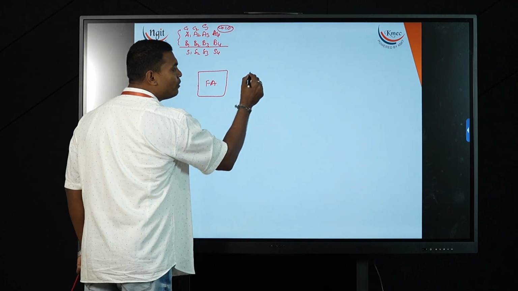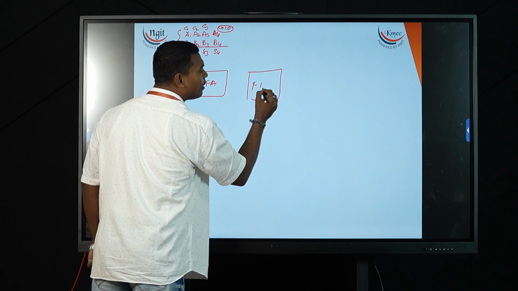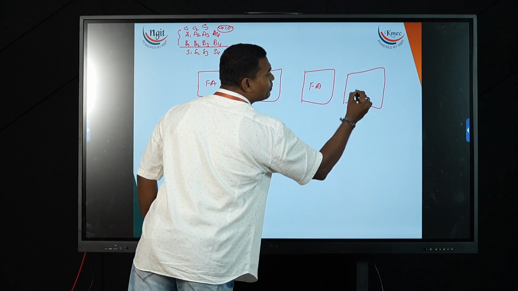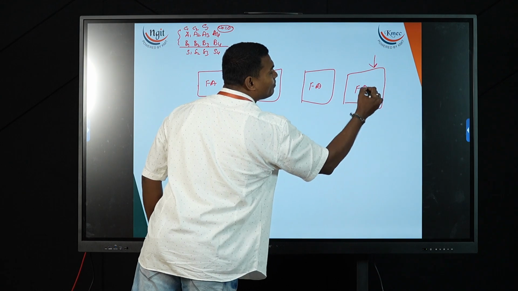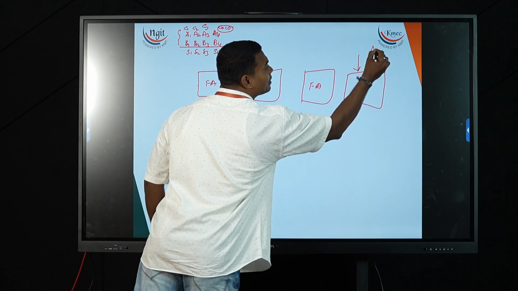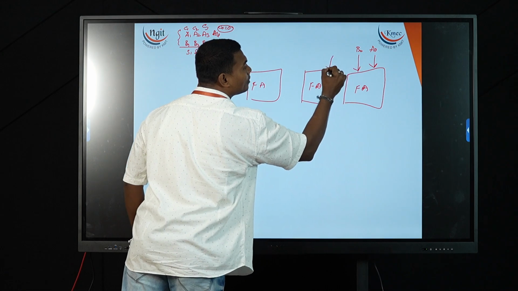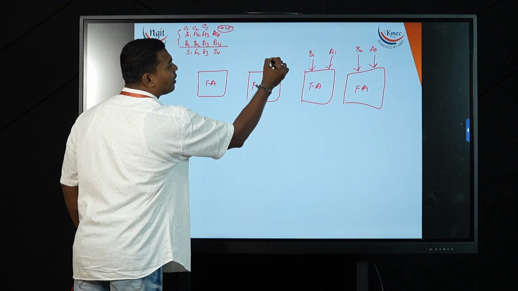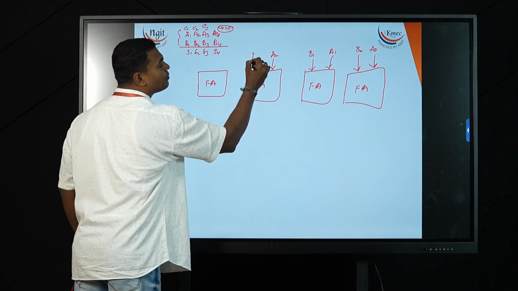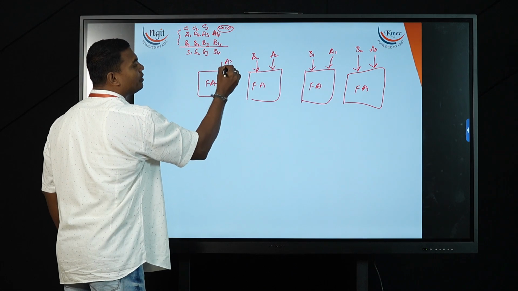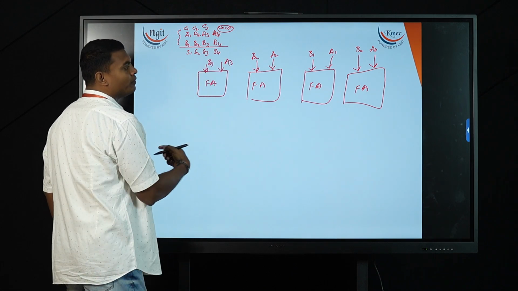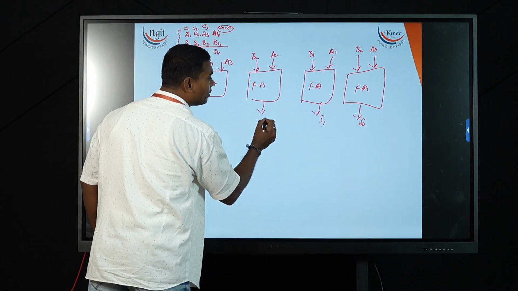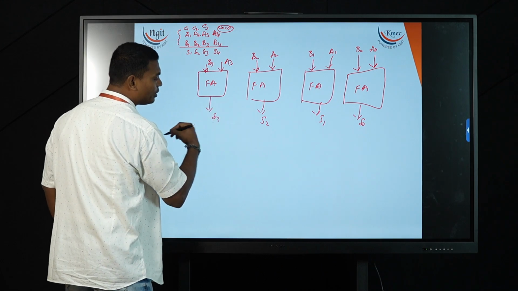So I am taking 4 full adders, which is called a parallel adder, where I give the 2 inputs A0, B0, A1, B1, A2, B2, A3, B3, which generate S0, S1, S2, S3.